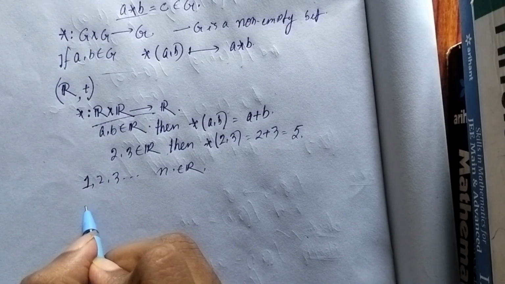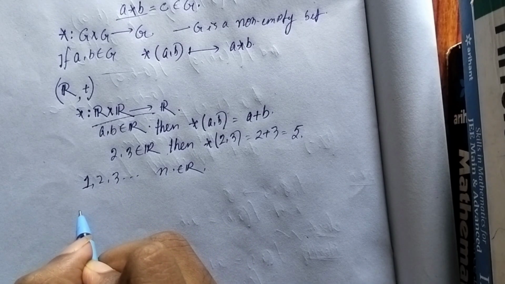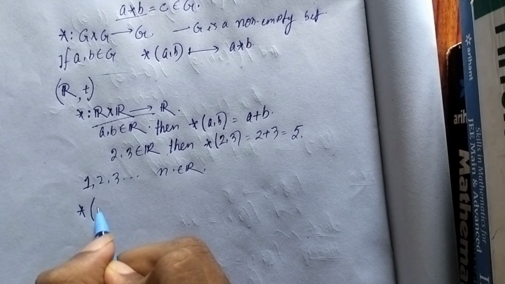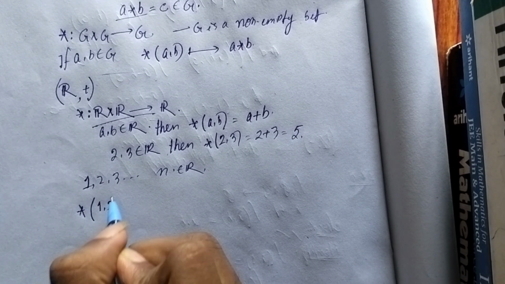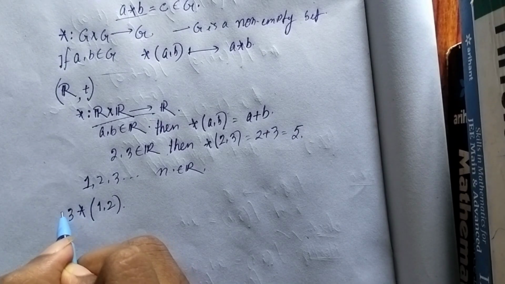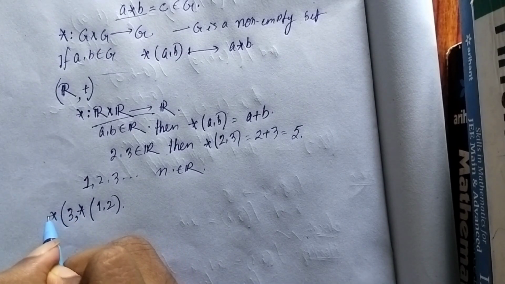The beauty of closure is that you can take 1 comma 2, then again 3, and continue like this.